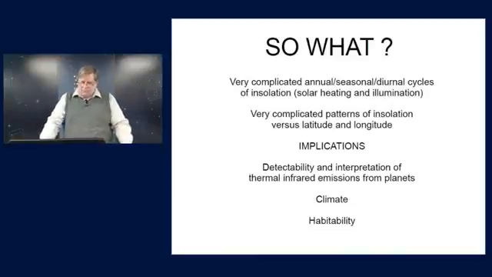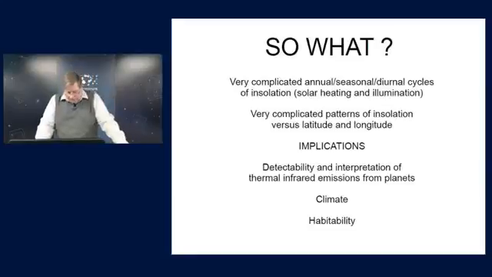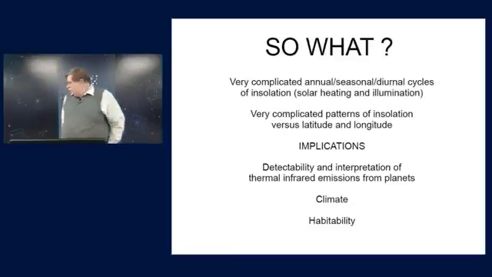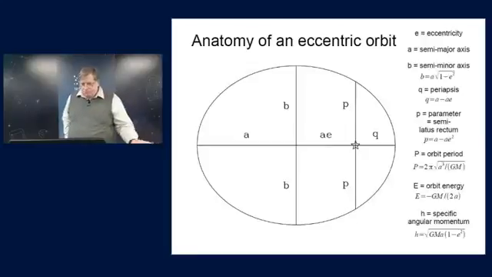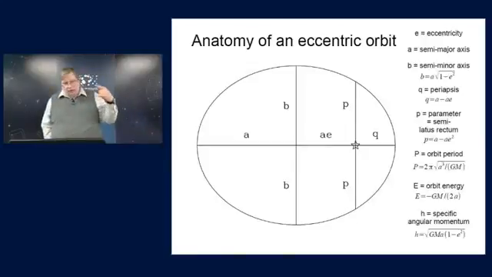Now this kind of thing can happen if a planet is in an eccentric orbit, as Mercury is, for example. So we have to take a little closer look at eccentricity. As we know from Kepler's first law, planets go around their stars in ellipses with the sun or a star at one focus, as depicted here.